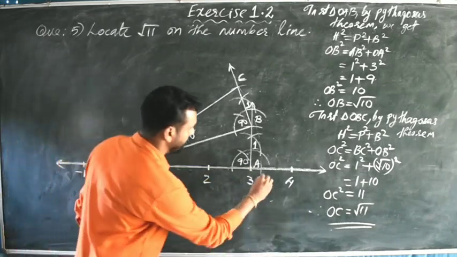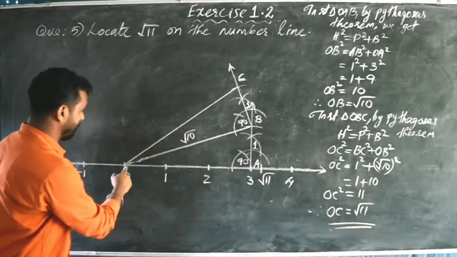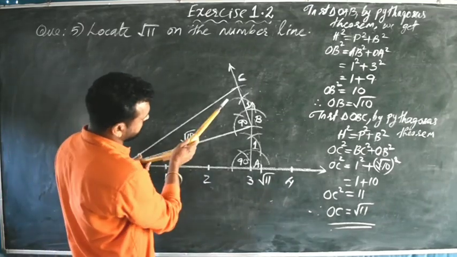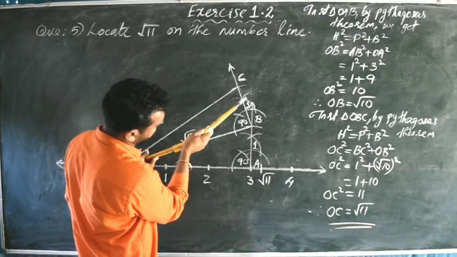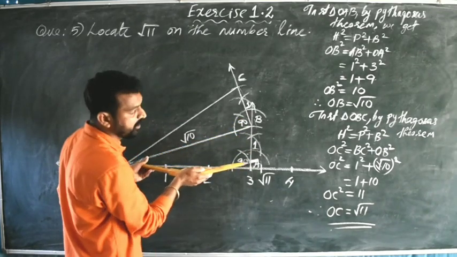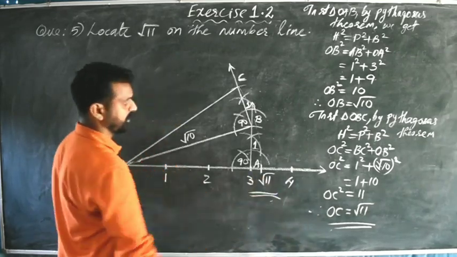So mark it. This point is root 11. With O as center and OC as radius, draw this arc. It will touch here on the number line. That point is root 11. Mark it there. That is the answer.